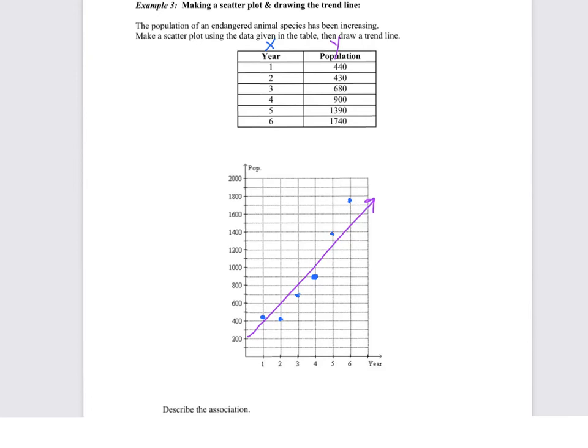And the last thing you want to do is give your scatter plot a title. We're talking about the population of endangered animals, so we titled it that.